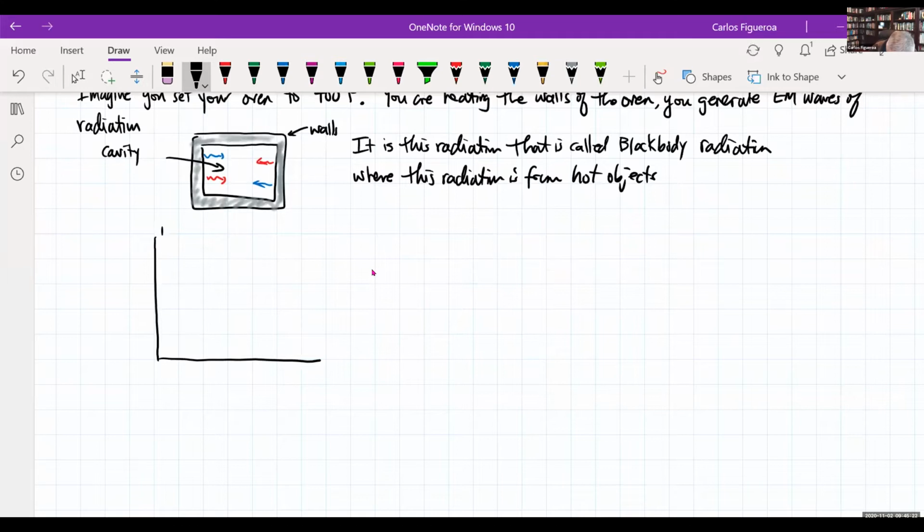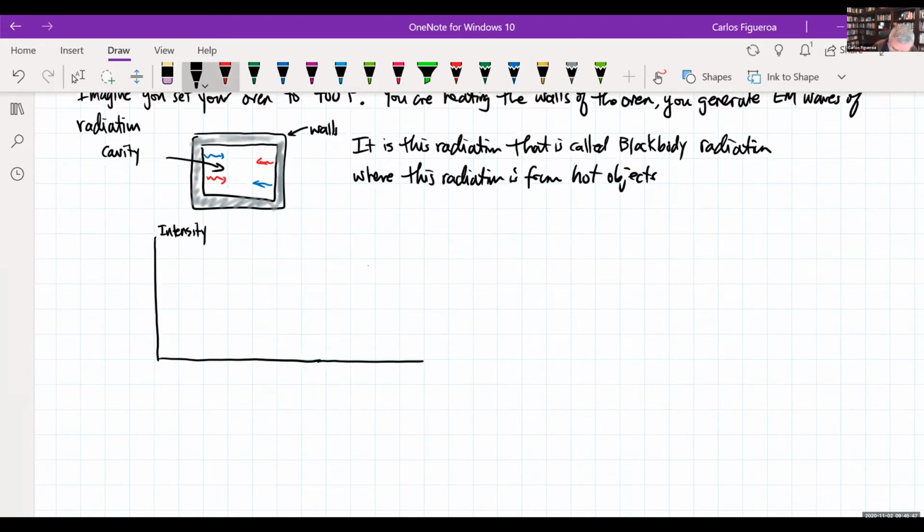Here's my intensity. And I really hate doing this, but a lot of the people are actually doing this in terms of wavelength. It should be in frequency, but I'm going to do it in wavelength because I think the applet is in wavelength. A lot of the images in the textbook are in wavelength.